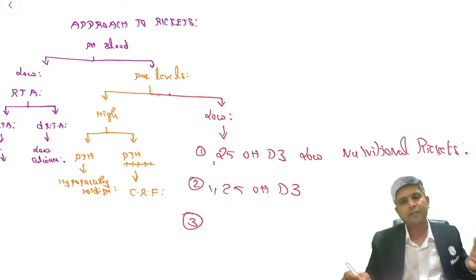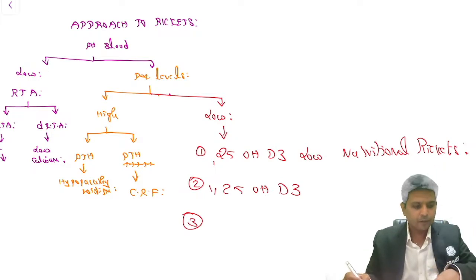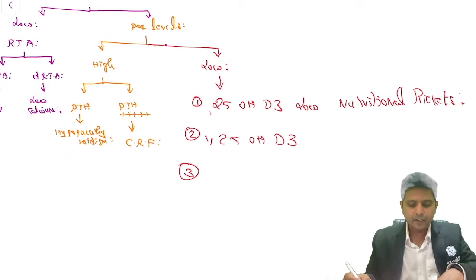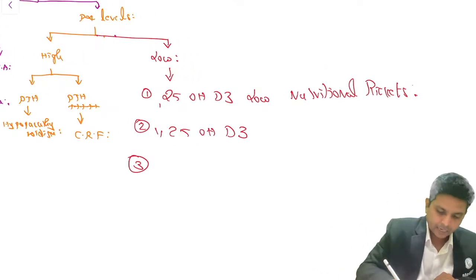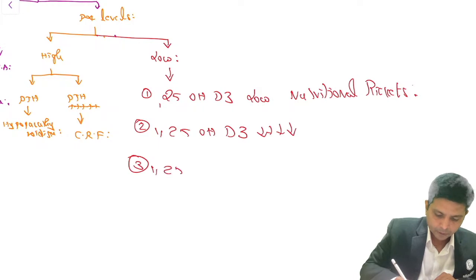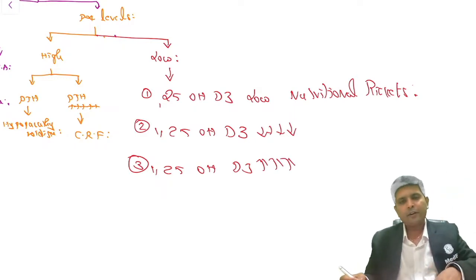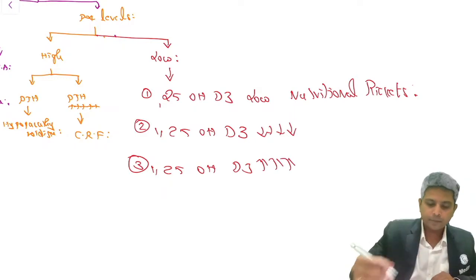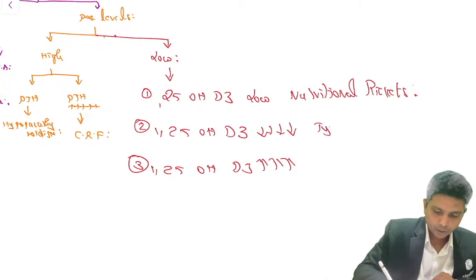So 25 hydroxy D3 is the storage form, 1,25 dihydroxy D3 is the active form. It can be either low or it can be high. When 1,25 dihydroxy D3 is low, it means type 1 renal rickets.